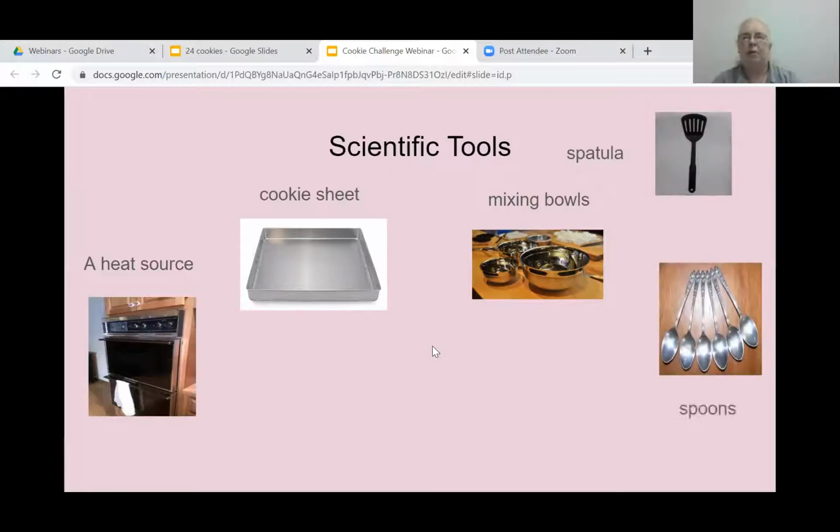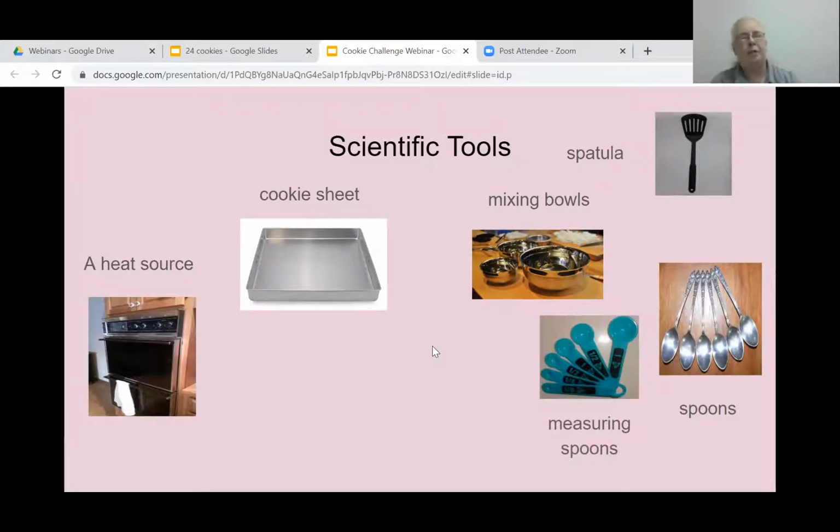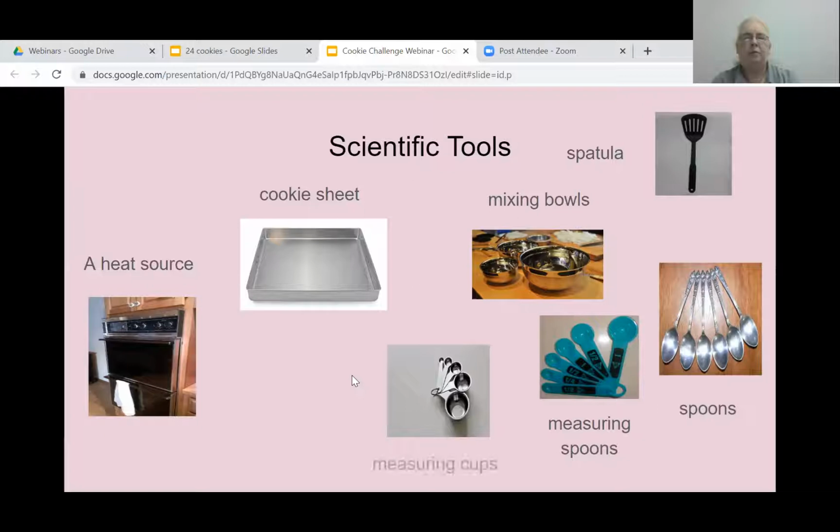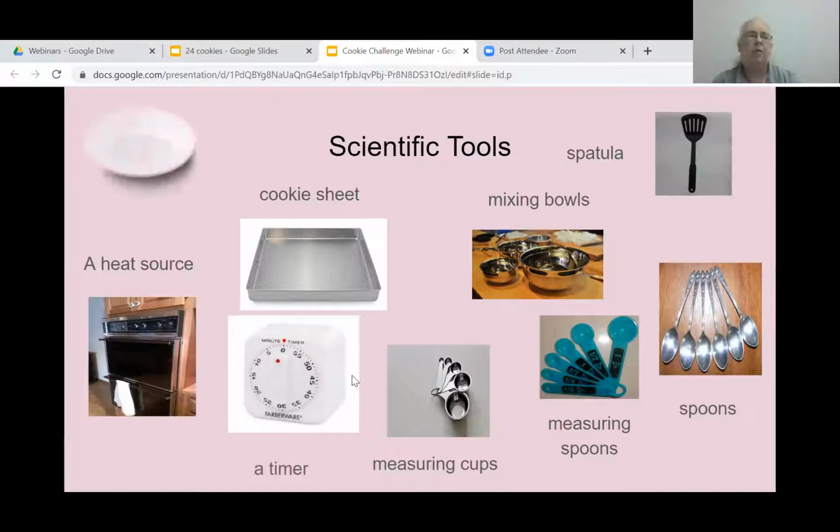Of course, we need spoons. And not only that, but measuring spoons, because in science, especially chemistry, we got to make sure we measure our ingredients. We may need measuring cups. How about a timer so we can time our cookies? And of course, a plate.